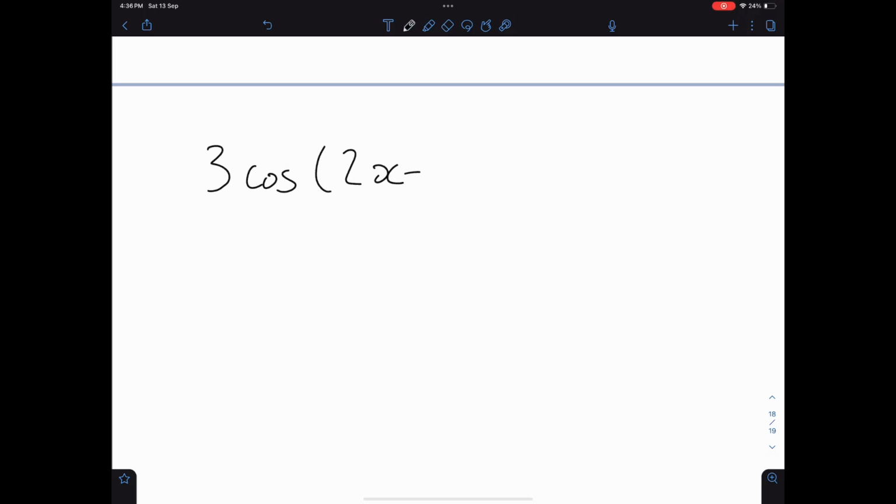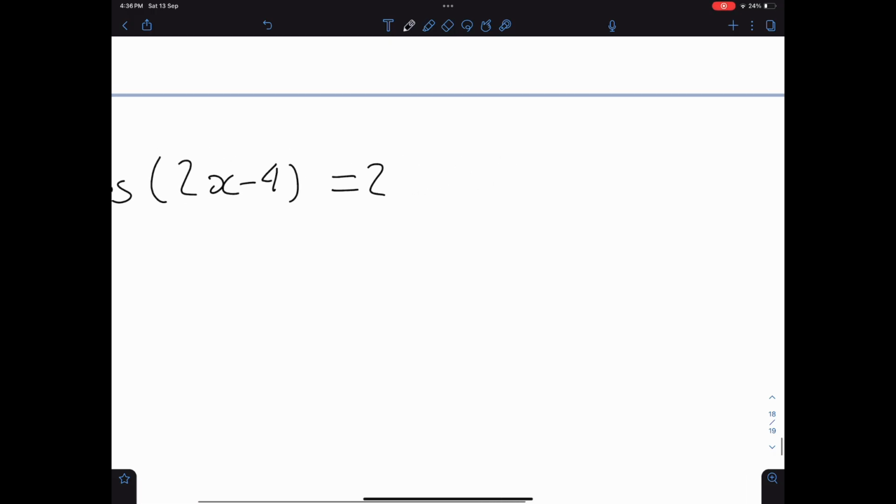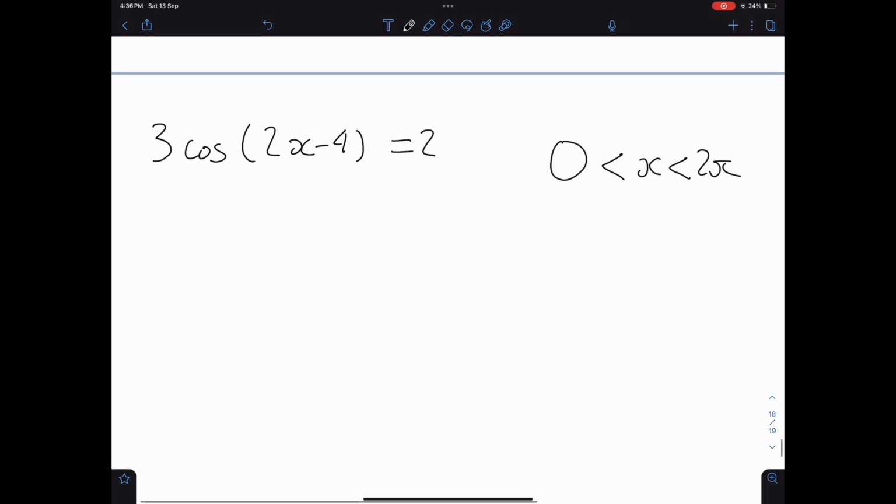So for example, 3 cos 2x minus 4 equals 2. And we're doing the range 0 to 2 pi. What I would do is I'd say let u equal 2x minus 4, and I'd write this as this.